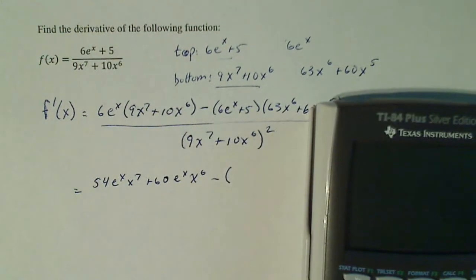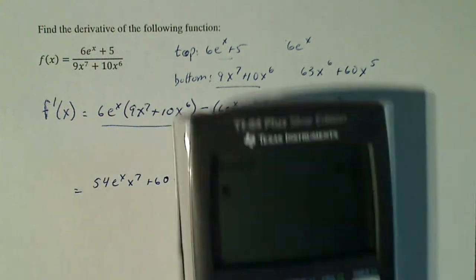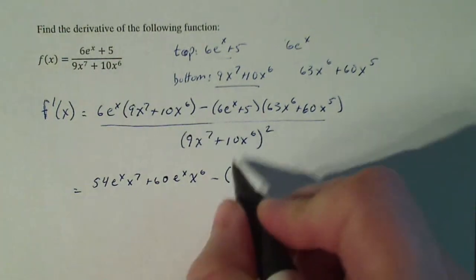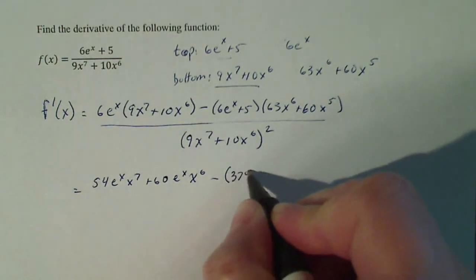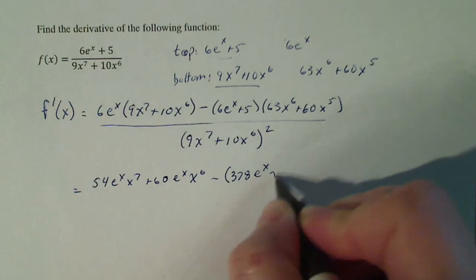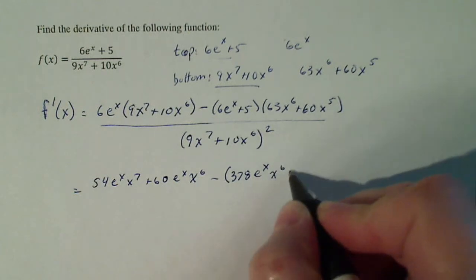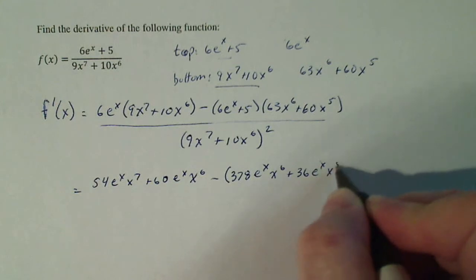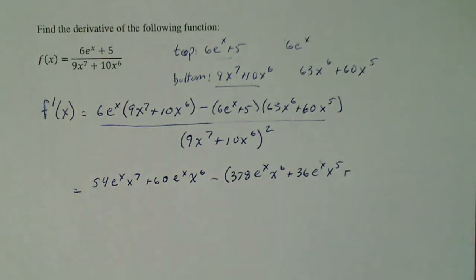Let's see, 6 times 63. 6 times 63 gives me 378. So I have 378 e to the x, x to the 6th, plus 360 e to the x, x to the 5th, plus 63 times 5.